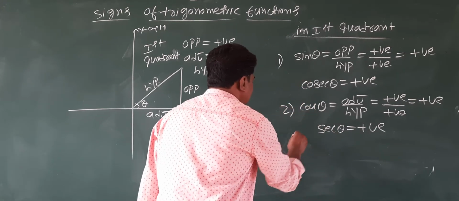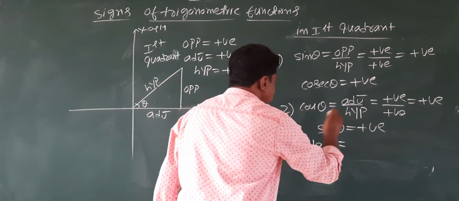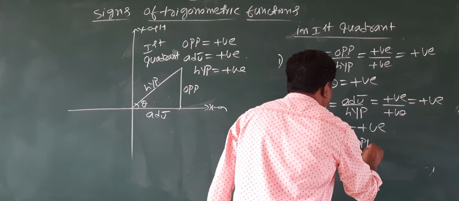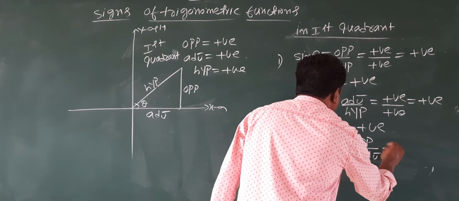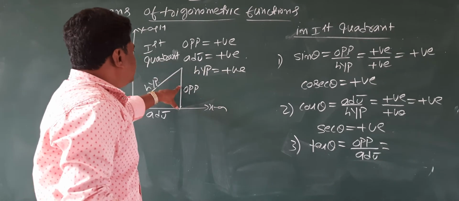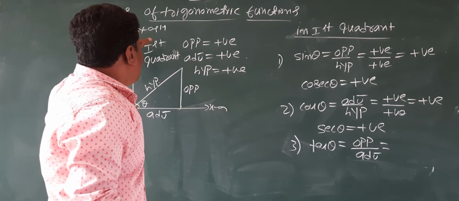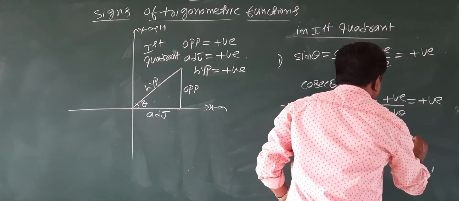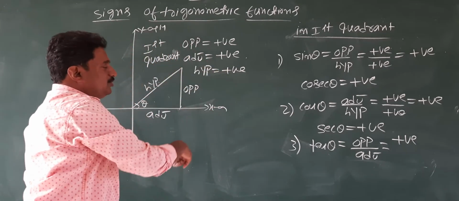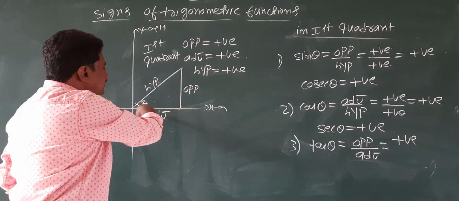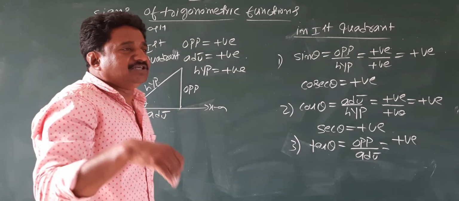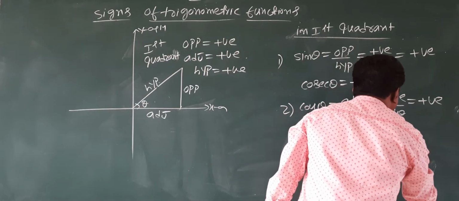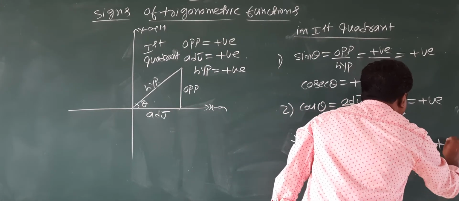So the third one, tan theta. Tan theta is opposite by adjacent. In the first quadrant, the opposite side, this vertical length, is positive because it is along the positive y-axis. The adjacent is also positive. Positive length by positive length is a positive value. Plus by plus, plus.